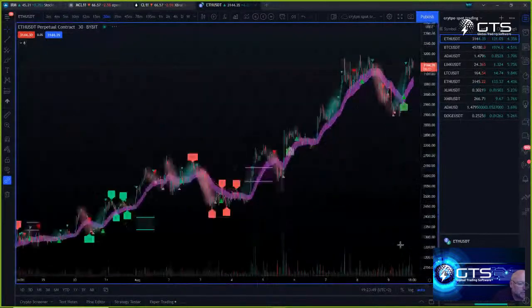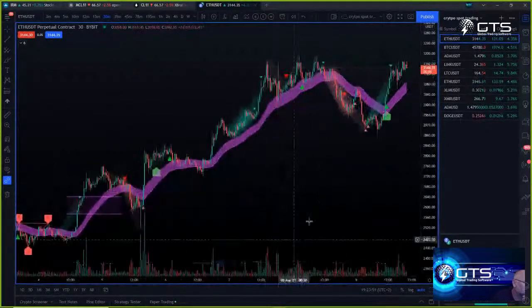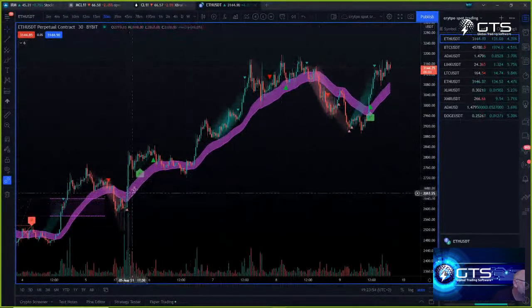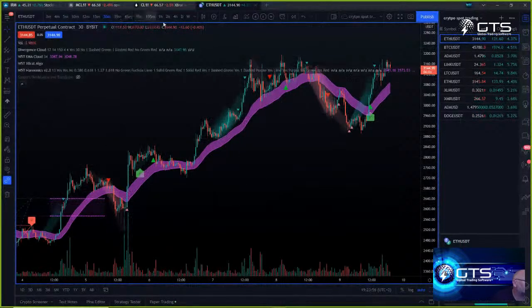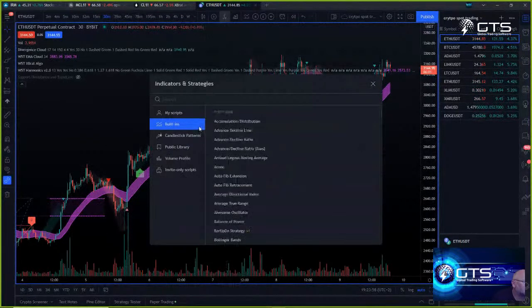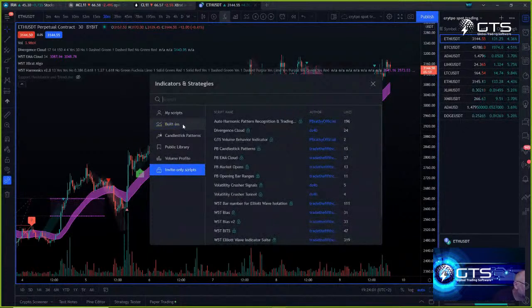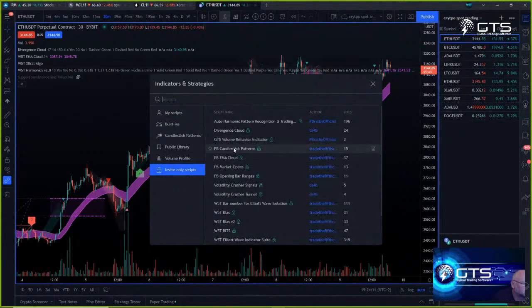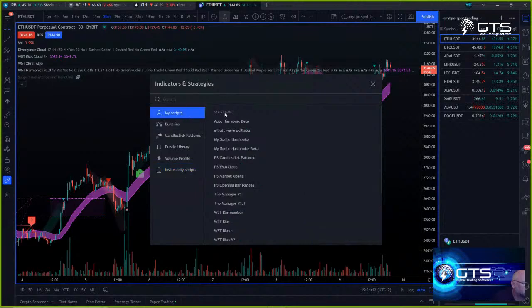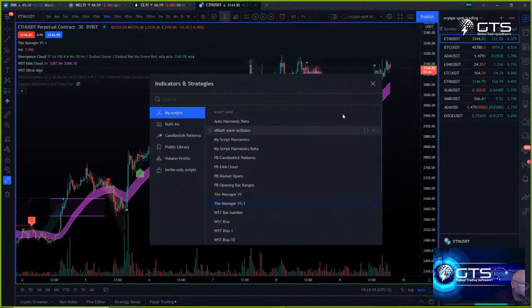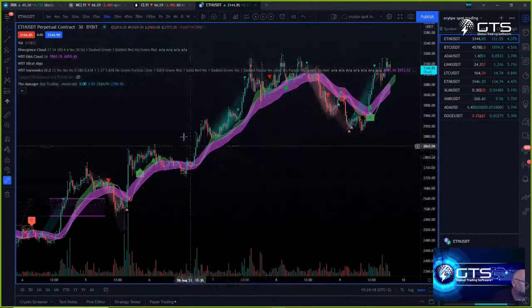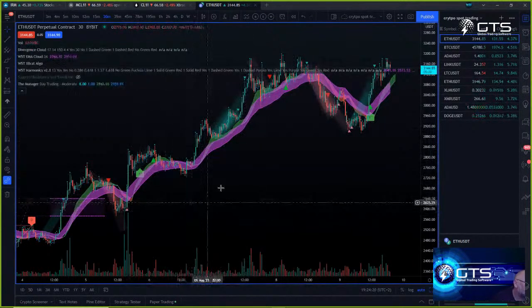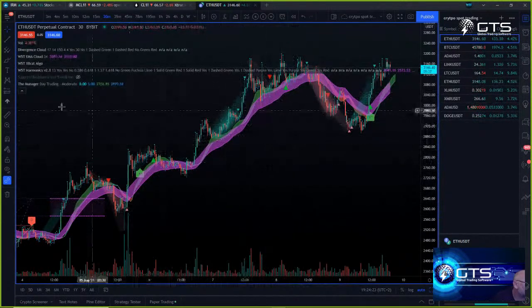Let's look at this 30-minute chart on Ethereum. There's my EMA cloud. I'm going to now put on the manager, if I can find it. There it is. Okay, so there's the manager. There's my EMA cloud. There's the manager.